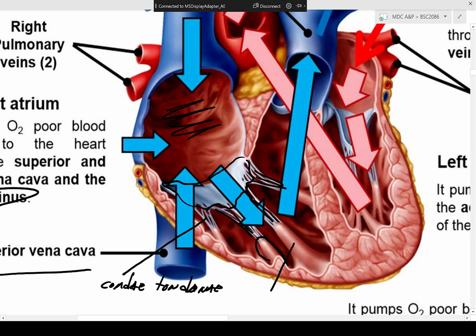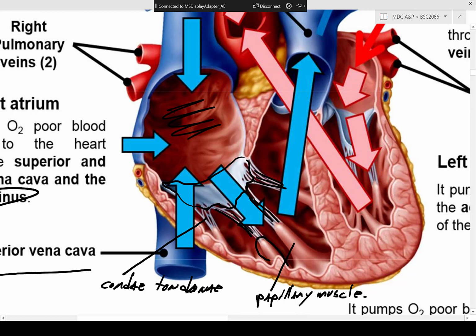And these are called papillary muscle. So what gives the structure to the AV valves, right? The chordae tendineae and the papillary muscles.